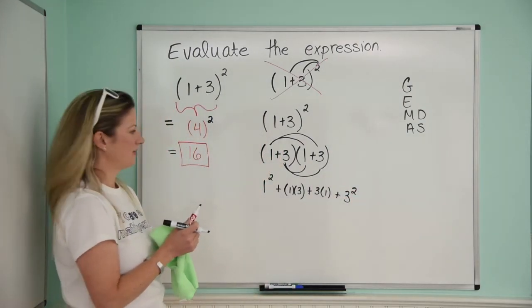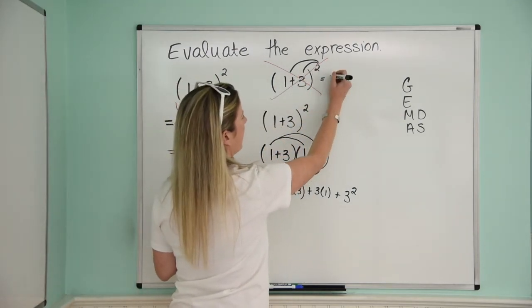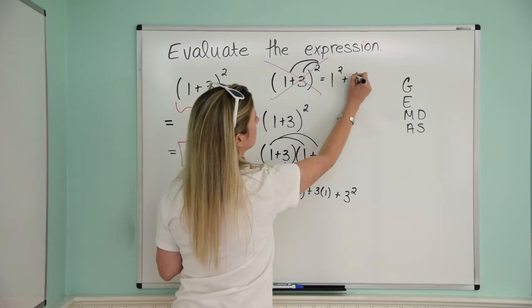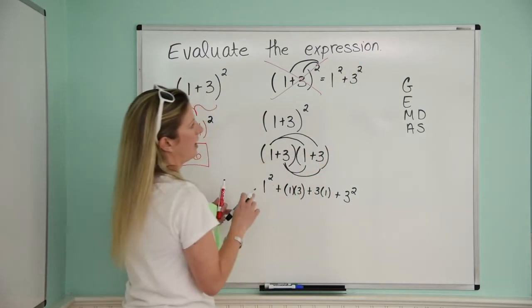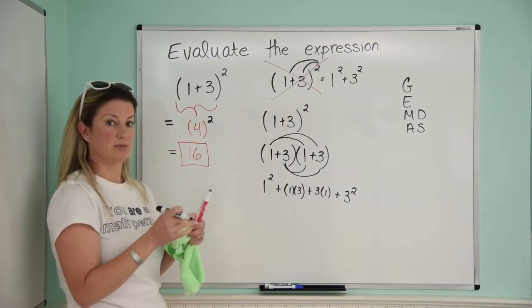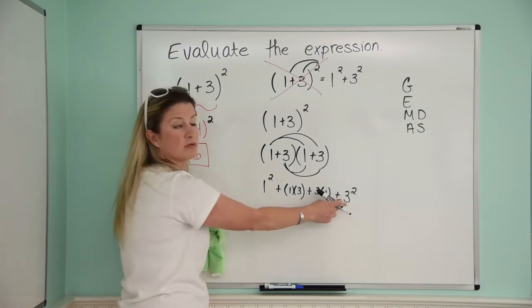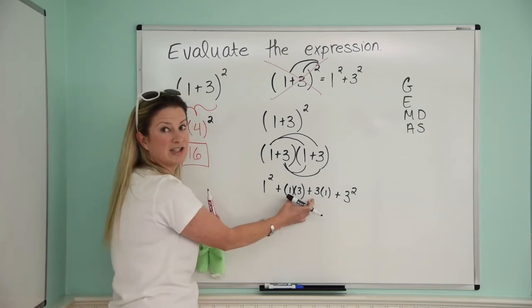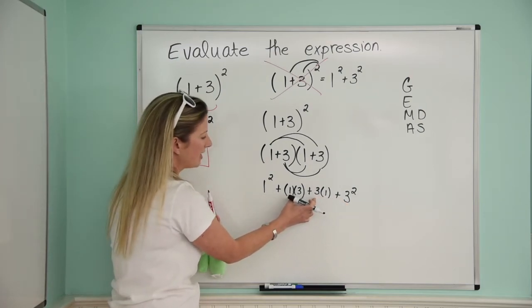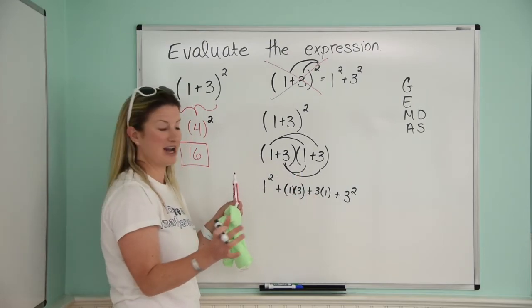Now look at this. You had wanted to write this as 1 squared plus 3 squared, which I said was incorrect. You can't distribute that squared to both terms. Here's your 1 squared. Here's your 3 squared. That's why you can't do it, because you just knocked out what I call the outside and inside terms.